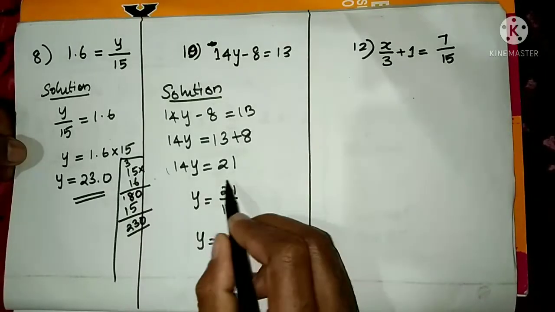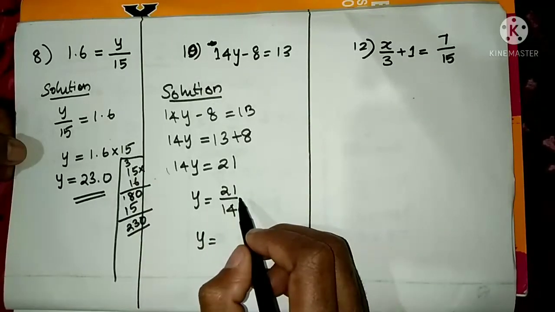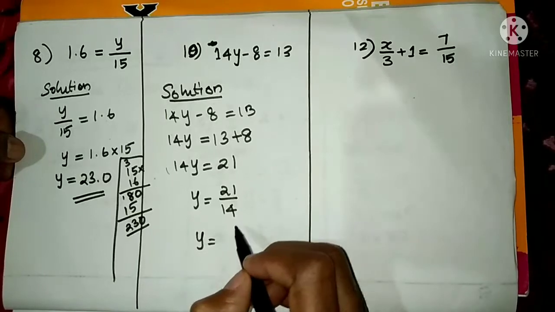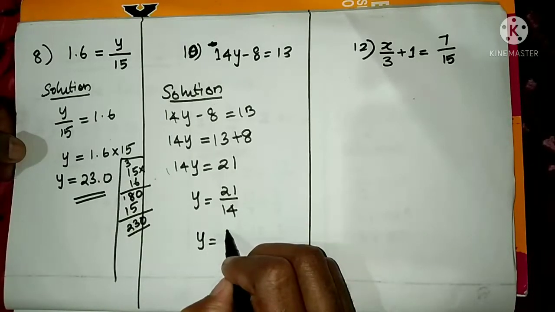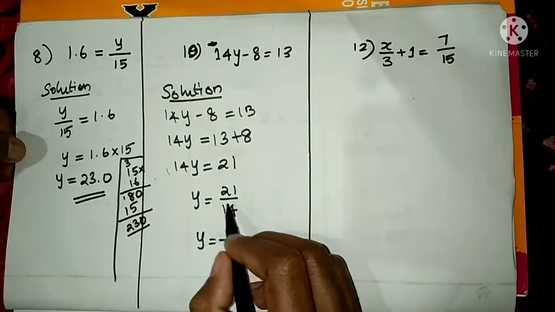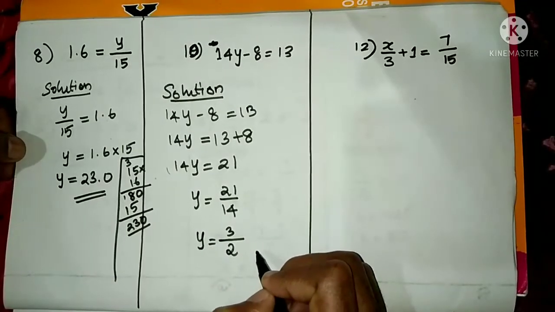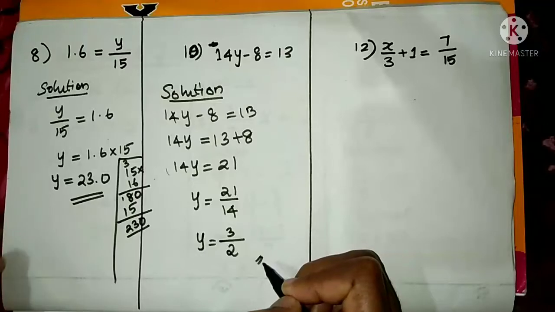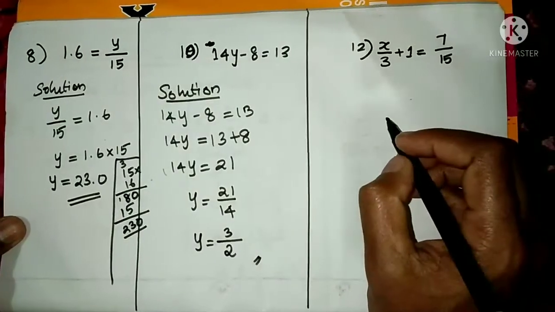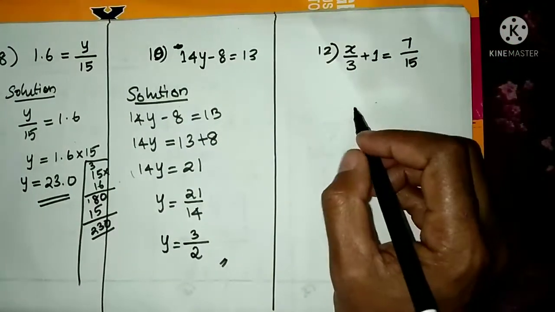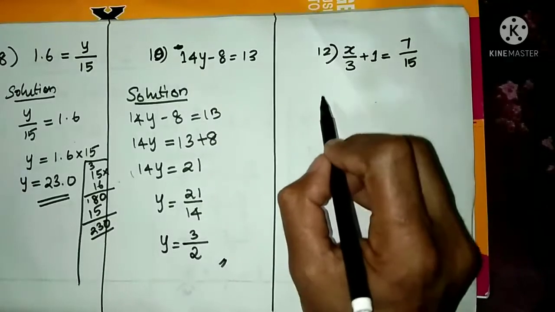Now we can simplify these by the 7 table. So 21 goes in 7 3 times and 14 goes in 7 2 times. That's the answer. Now let us move on to question number 12.